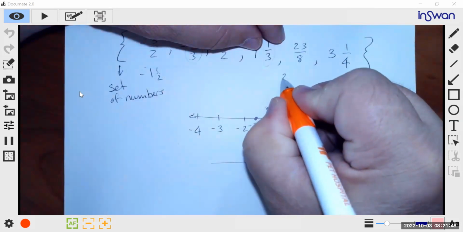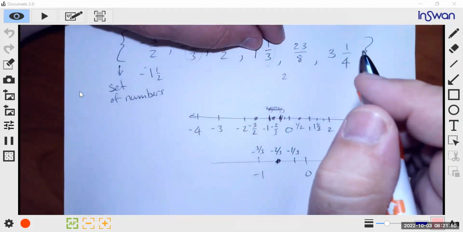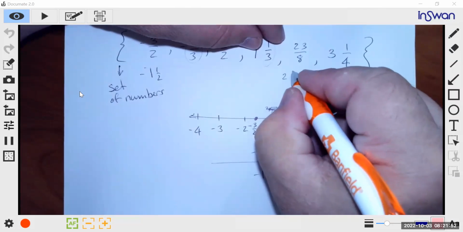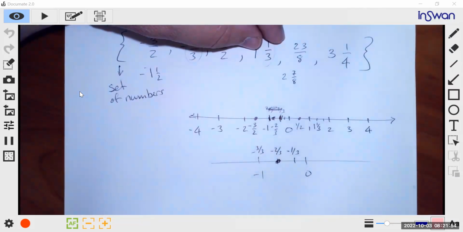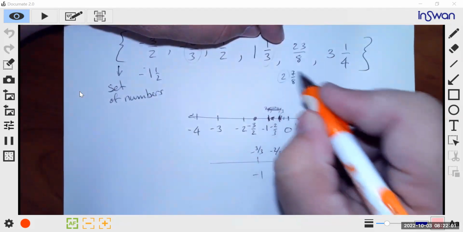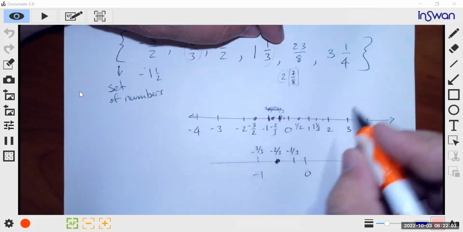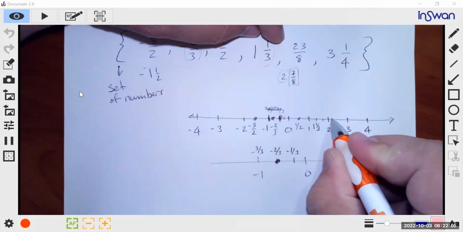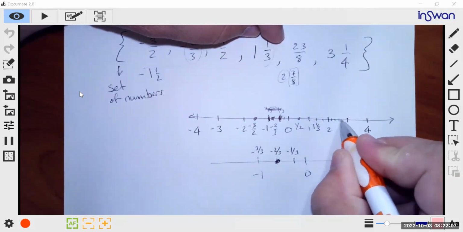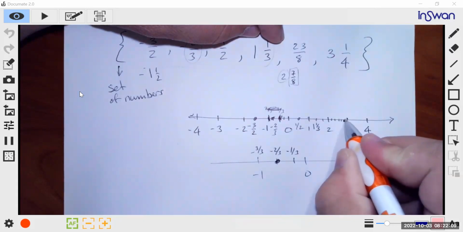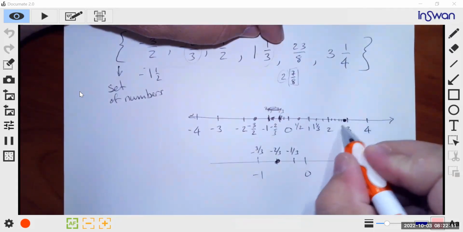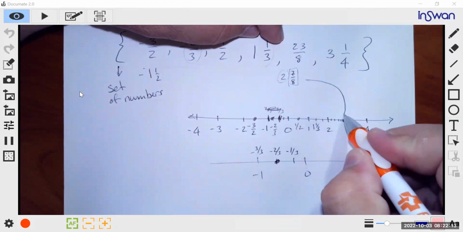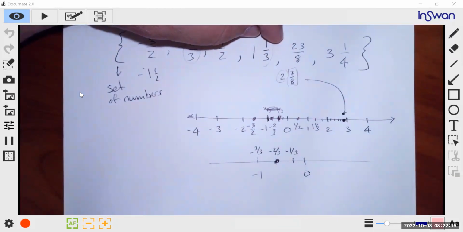With how many left over? Very good. So it's 2 7/8. So it's bigger than 2, and it's just smaller than 3. We divide this into 8 pieces. So 2 7/8 is right before the 3.